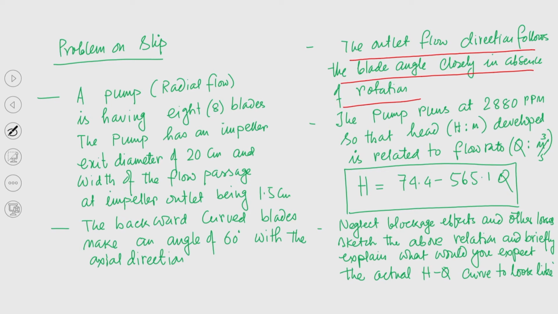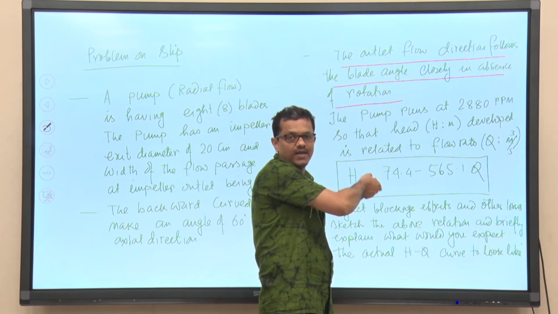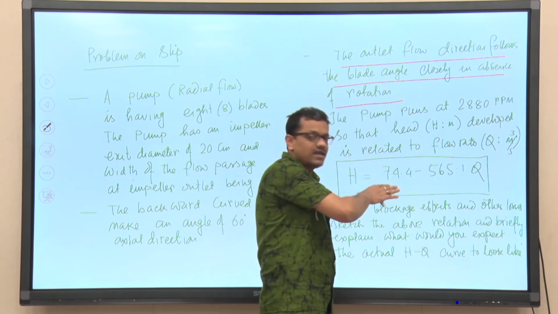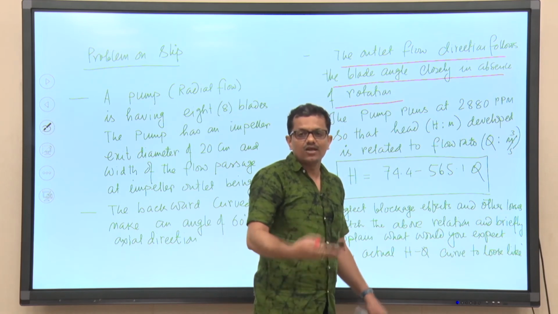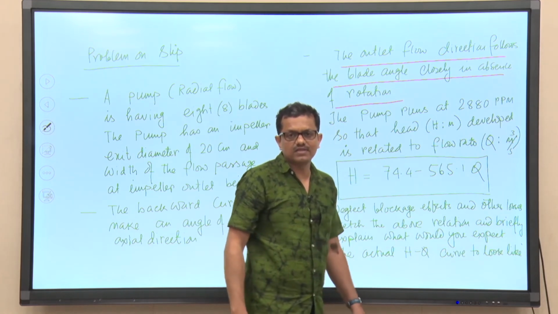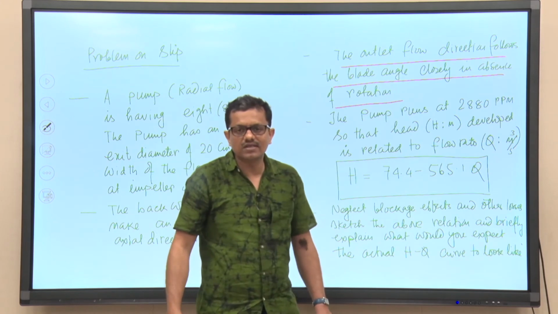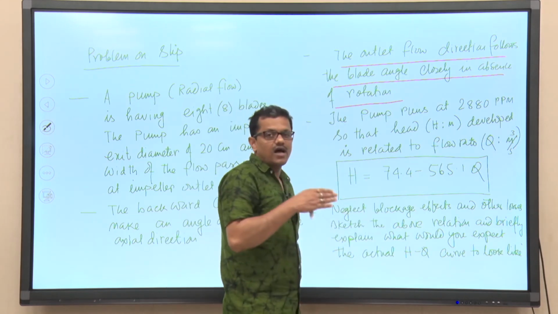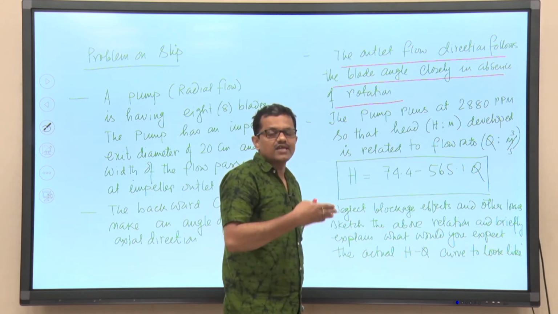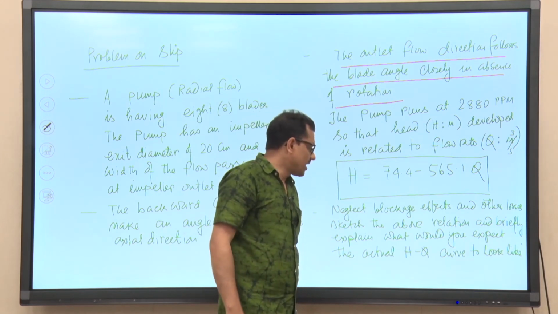And the last statement is very important from the understanding point of view that we have discussed so far. If we try to sketch this relation in the H-Q plane and ignore the blockage effects and other losses, that is, losses due to recirculation, separation, etc., then what would I expect the actual H-Q curve to look like?